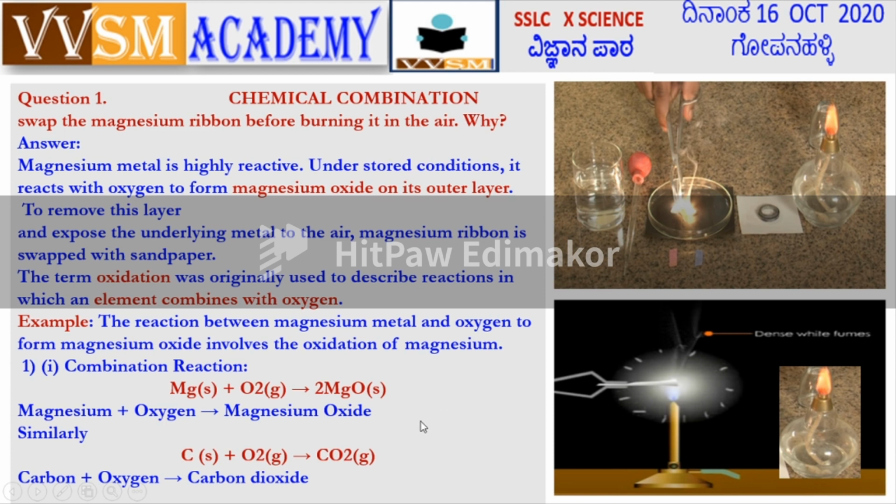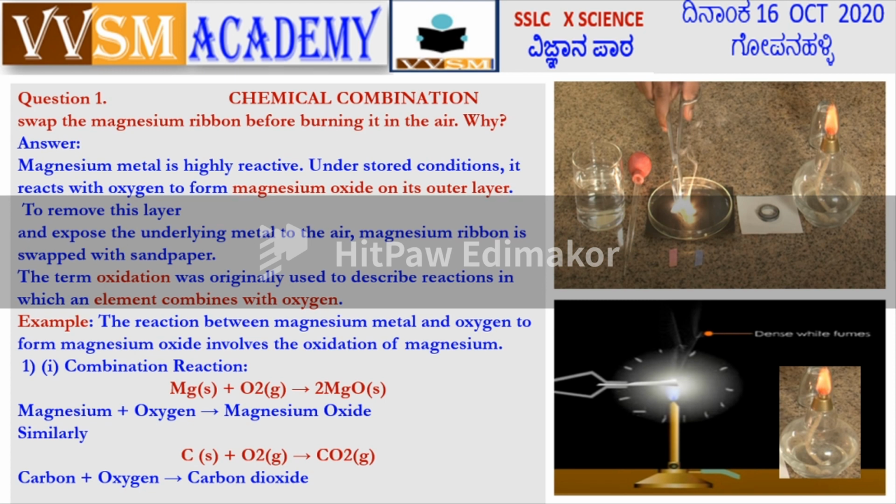Similarly, the combination reaction is also another example. Carbon burns in oxygen, gives carbon dioxide. All metals and non-metals react with oxygen, giving the respective metallic and non-metallic oxides. If it is a metal, you will get a metallic oxide. If it is a non-metal, you will get a non-metallic oxide.